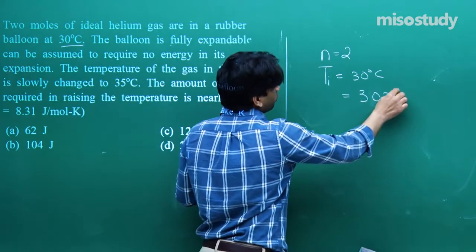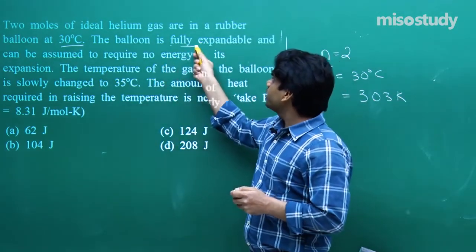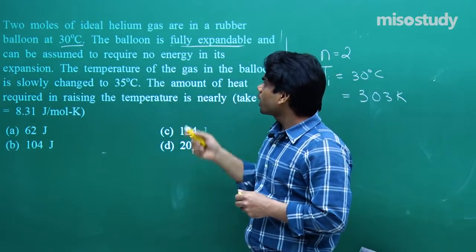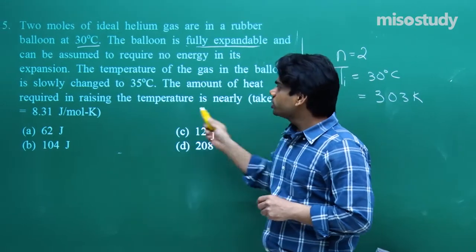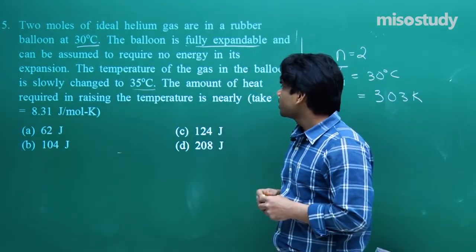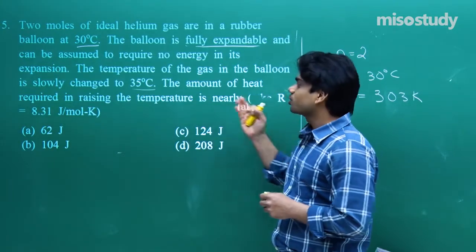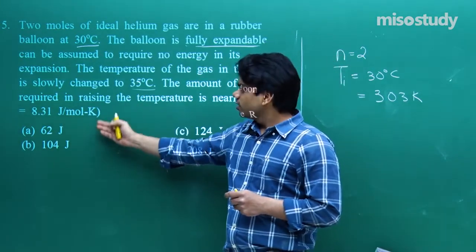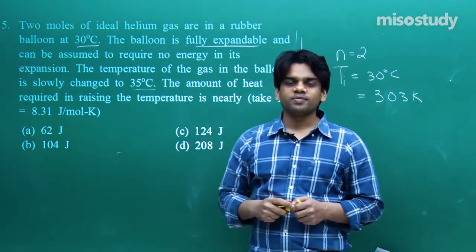Next thing, the balloon is fully expandable and can be assumed to require no energy in its expansion. The temperature of the gas in the balloon is slowly changed to 35 degrees Celsius. The amount of heat required in raising the temperature is nearly. Take R equals to this much, that is the standard value of R. Options: A 62, B 104, C 124, D 208.